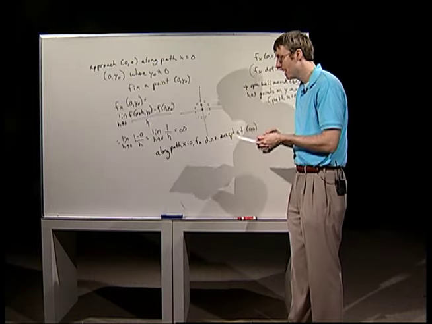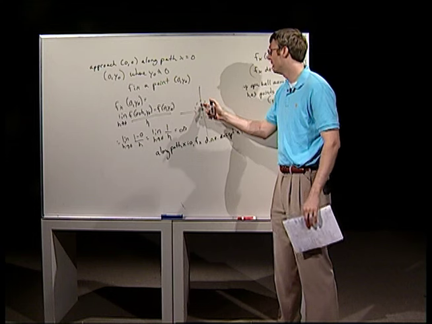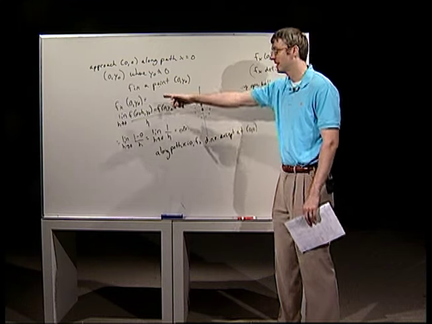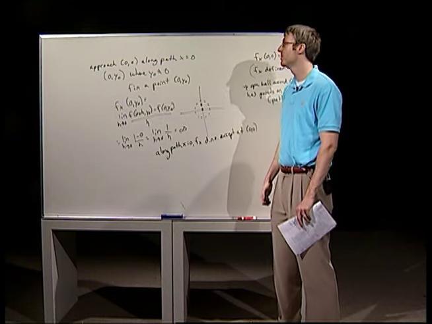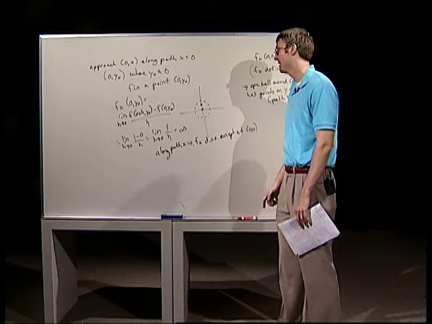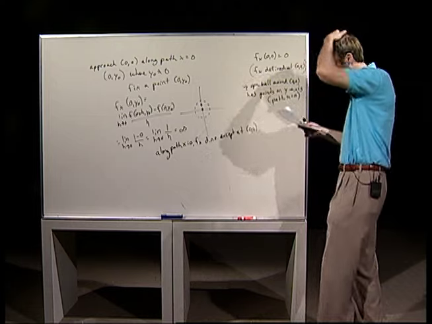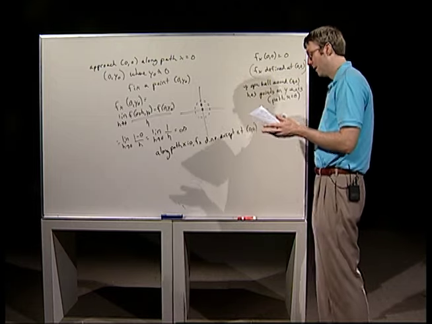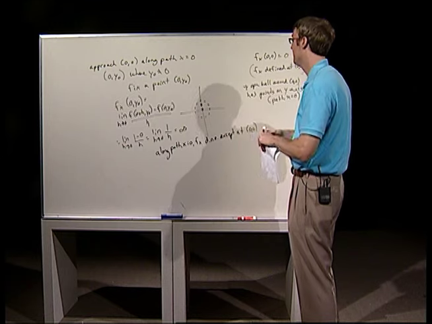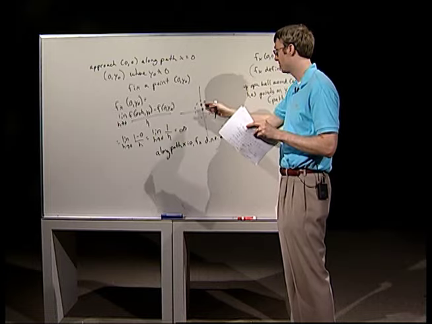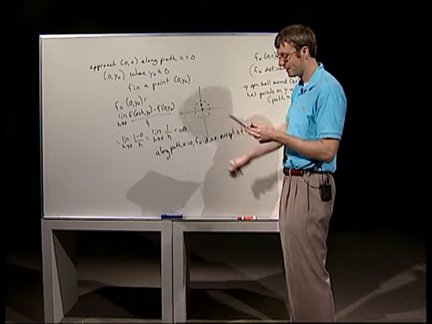So therefore, any open ball contains points along the y-axis where the partial with respect to x doesn't exist. Therefore, there's no way the partial can possibly be continuous in an open ball, right? Okay, what does that mean to us? That means that this function is not differentiable, right? It has partials there, but it's not differentiable.